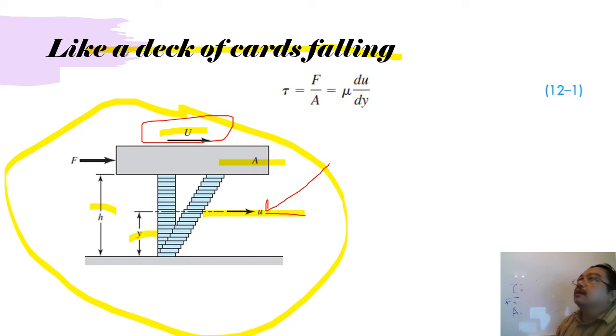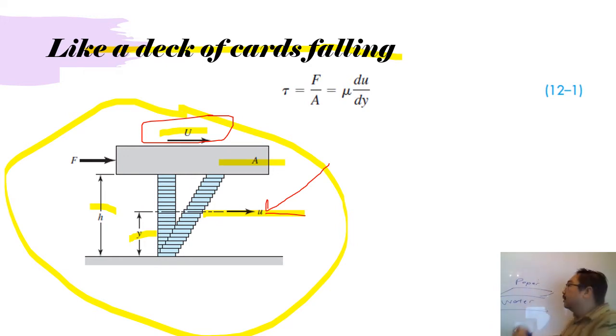Let me explain better. Imagine you put a piece of paper on water. This is water, and the piece of paper is floating on the water.